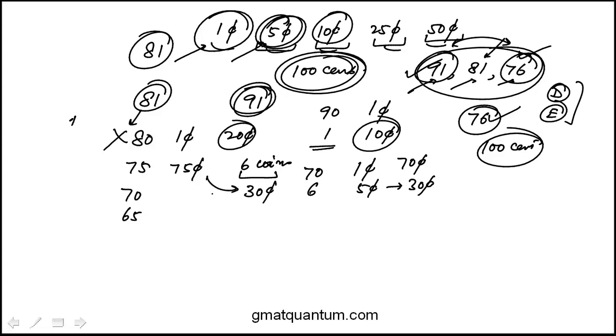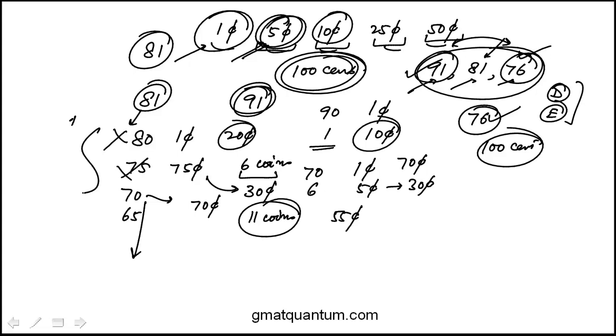But now the value is 105 cents, which exceeds. So that's not going to work. We do 70. Then I have 70 cents, and then I'm left with 11 coins. And again, that's not going to happen because at 5 cents, that value is 55 cents. And you'll see that all of these cases would give me values that are higher than 100 cents. So I know that it's not going to be possible.